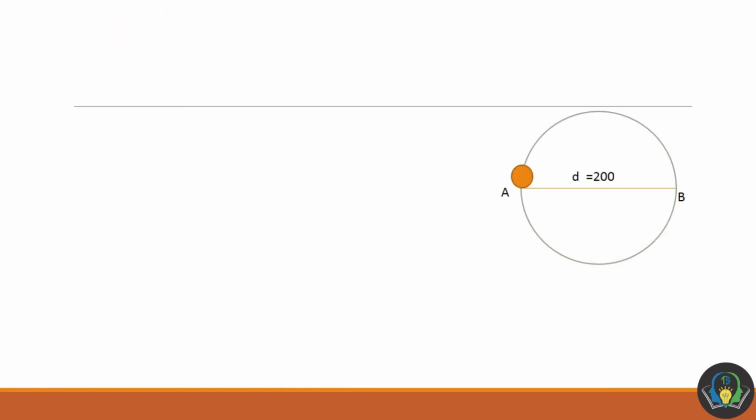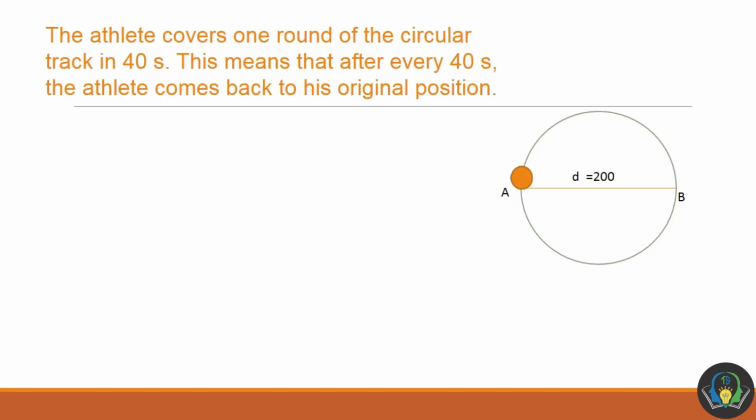So let us talk about the displacement. The displacement will be based on the fact that the athlete covers one round of the circular track in 40 seconds, as mentioned earlier. This means that after every 40 seconds, the athlete comes back to the original position.